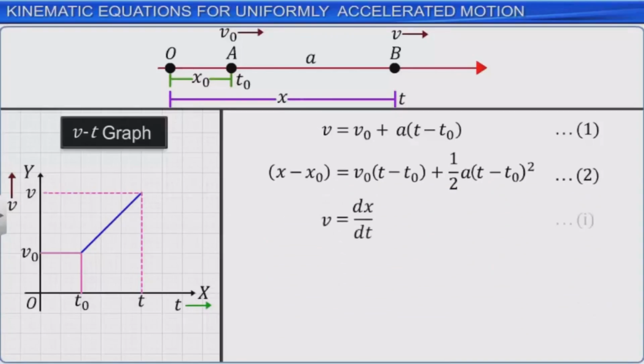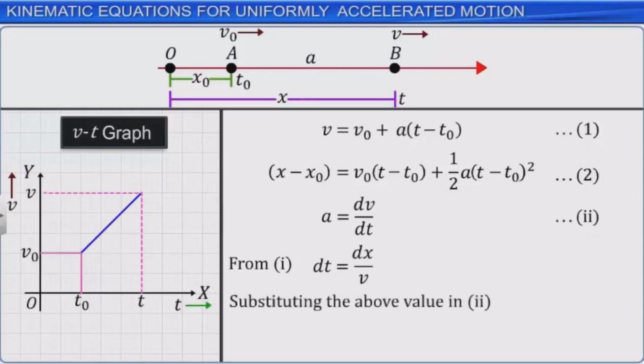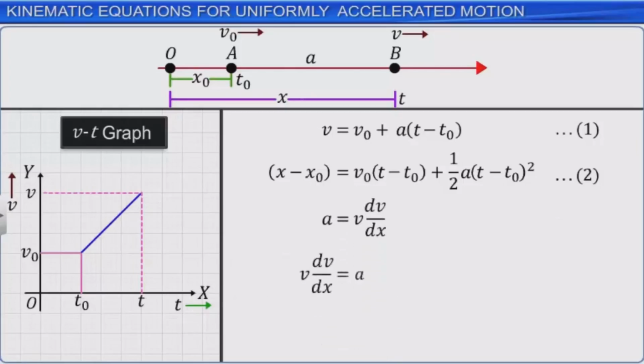v is equal to dx by dt and a is equal to dv by dt. From equation 1, dt is equal to dx by v. Substituting the value of dt in equation 2, we get a equal to v into dv by dx. We know that this value of a is a constant. By cross multiplying, we get v into dv is equal to a into dx.